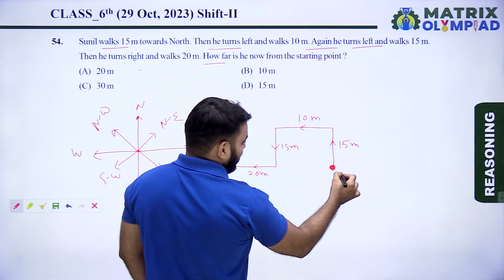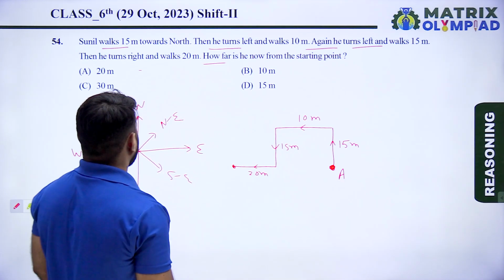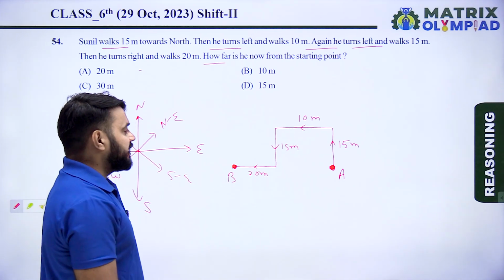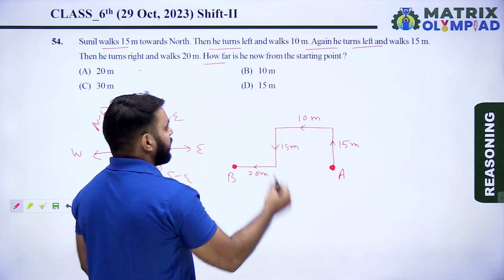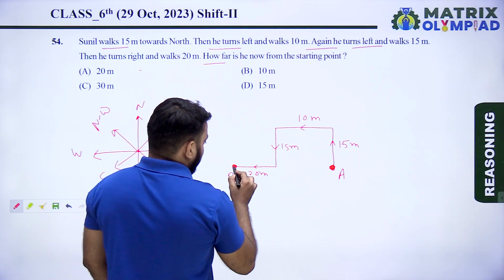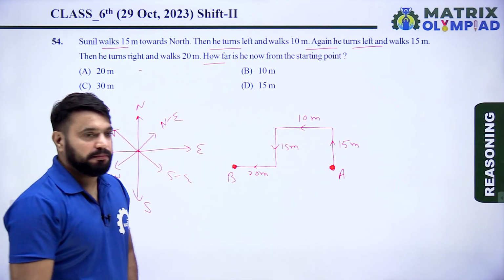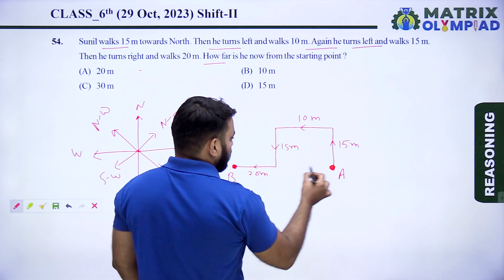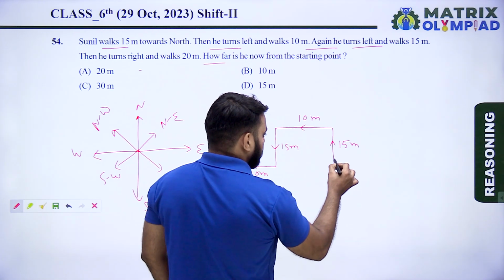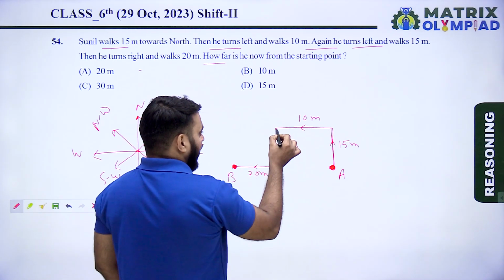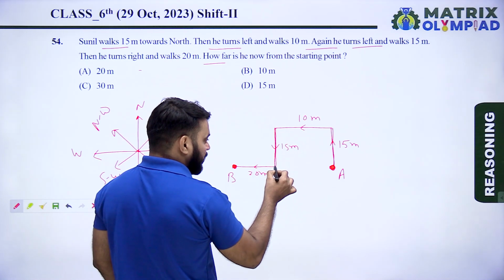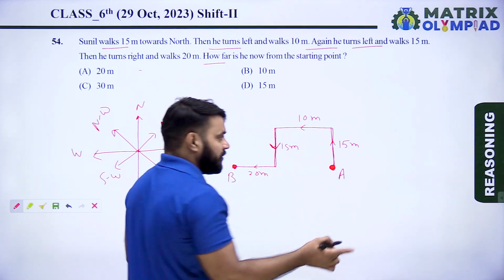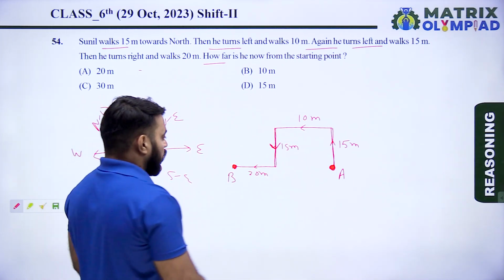So let's suppose A is the starting point of Sunil and B is the end point of Sunil. So find the distance between A and B. A and B will both be in the same line because Sunil walks 15 meters towards north and then 15 meters towards south.